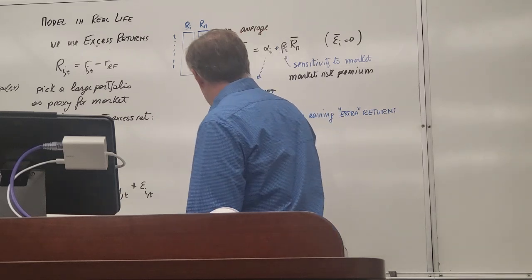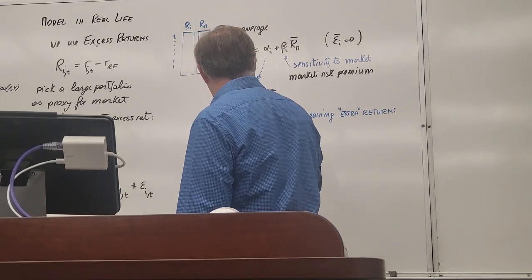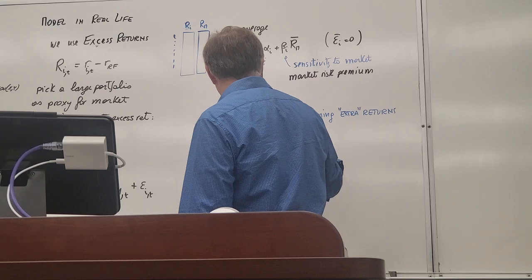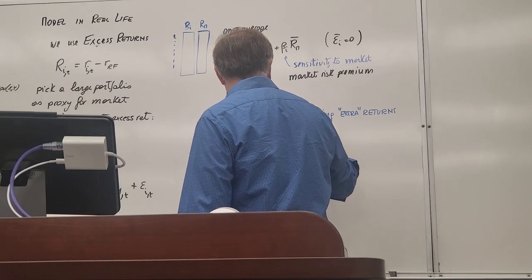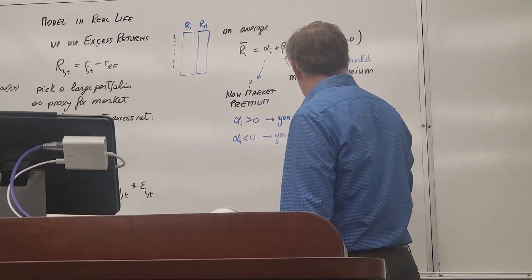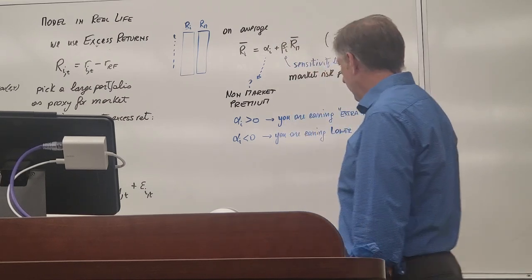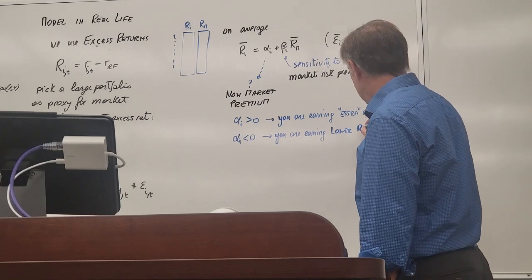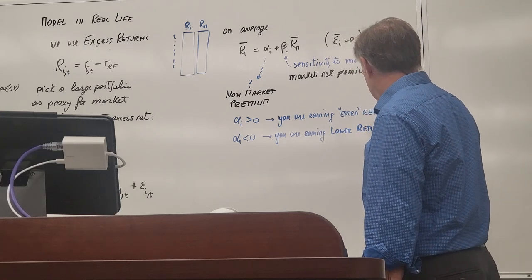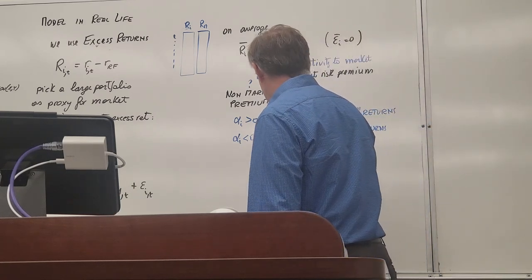Yeah, what about if alpha is negative? That means that the stock is producing, on average, lower returns, given its beta.